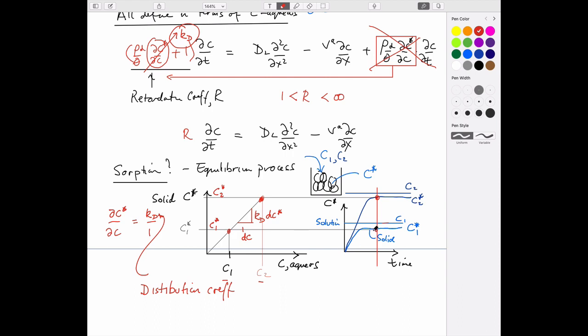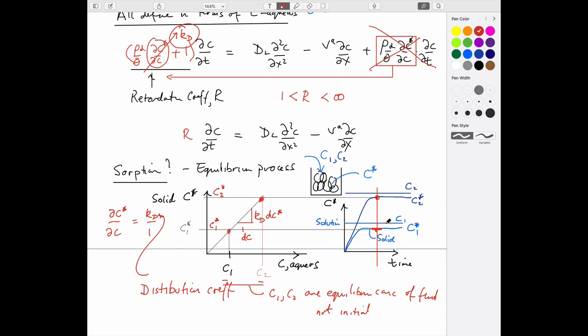And actually, I suppose it really would not be the value here, but the equilibrium concentration that is there. So C1 and C2 are equilibrium concentrations, not the initial one, not the initial aqueous. Because it's an equilibrium behavior.